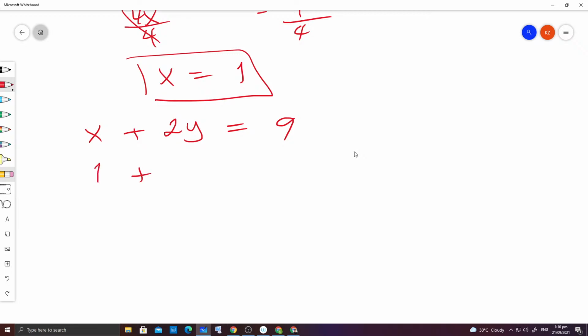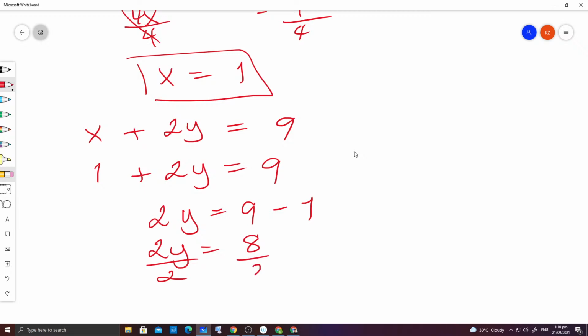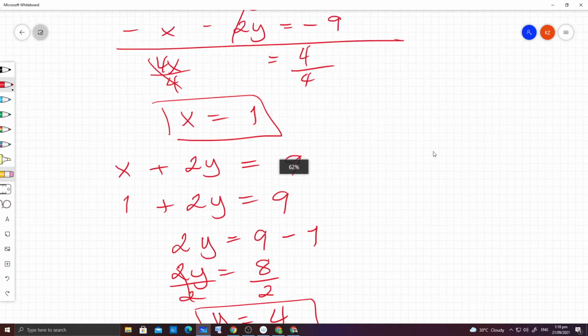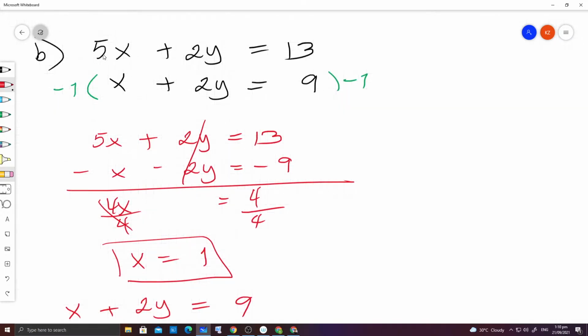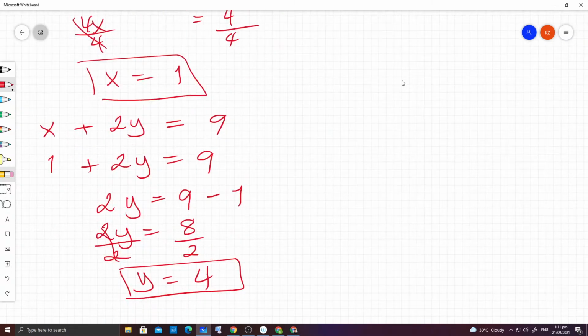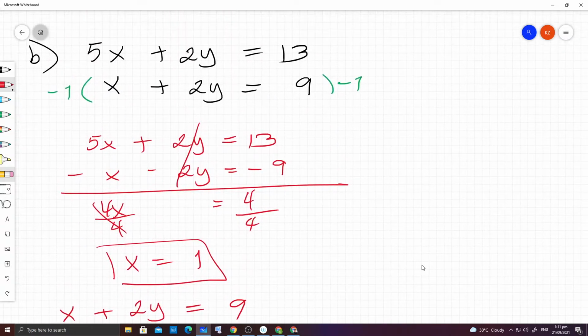So 1 plus 2y equals 9, so 2y equals 9 minus 1. 2y equals 8, over 2 both sides. So y is equal to positive 4. Can we check? 1 plus 2 times 4 is 8, so 1 plus 8 is 9. Correct. And then this one, 2 times 4 is 8, so 5 plus 8 is 13.